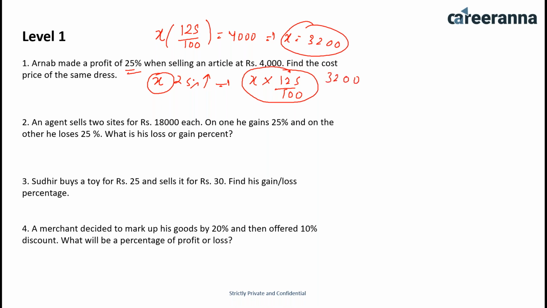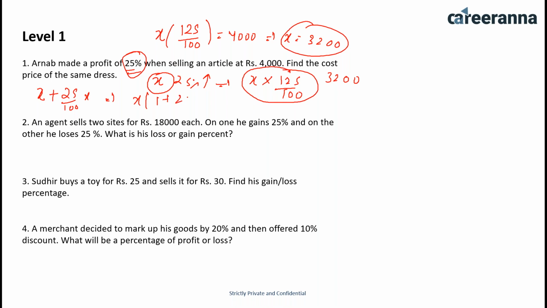Guys, keep yourself muted. Okay, some of you are asking why is 125 here? So 125 is here because of this 25. X is a number, and if I add 25% of this number, can I do it?